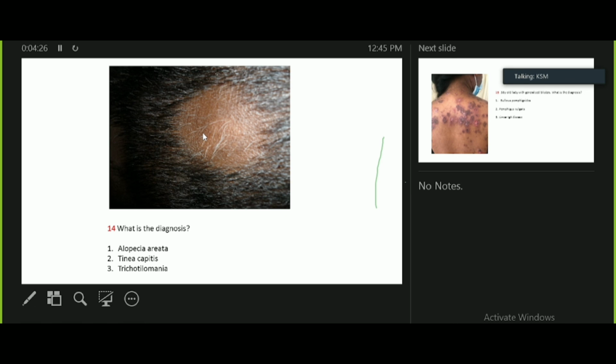Alopecia areata with minimal epidermal changes, so smooth patch of alopecia, and this condition does not affect the gray hair, so the gray hair remains in the center, and at the periphery you see some small hair which we call the exclamation mark like hair. Alopecia areata. In tinea capitis, there's a lot of scaling and inflammation.